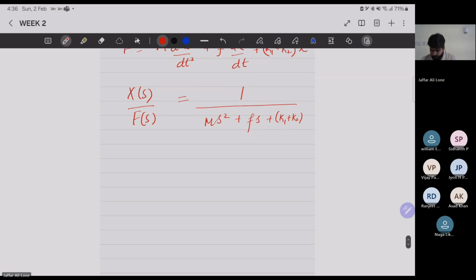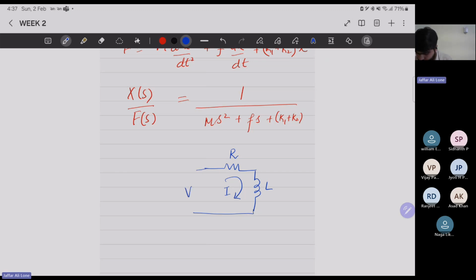Now, if you have understood this, you find the transfer function of this circuit. So we have this current I flowing through this circuit.